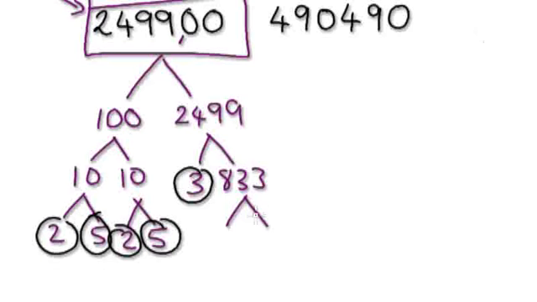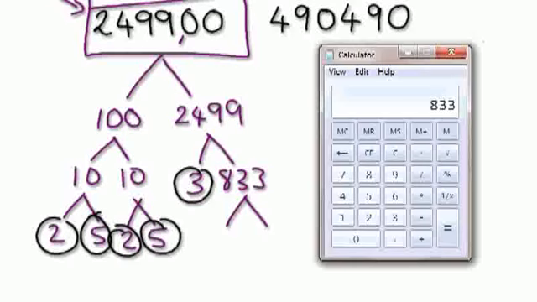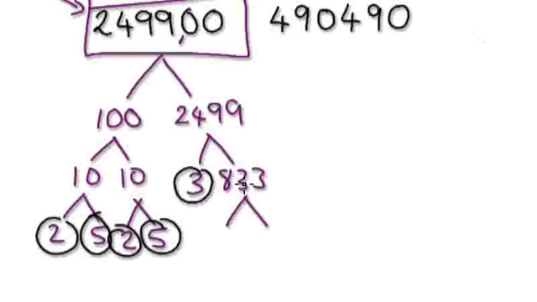Let's try and break this 833 up. Let's see if 833 divides by 3. So I'm going to try and divide that by 3. No, it doesn't divide. So let's try the next one. Let's try 7, because 7's the next prime. Yep, it divides. So think of 833 as 7 times 119.